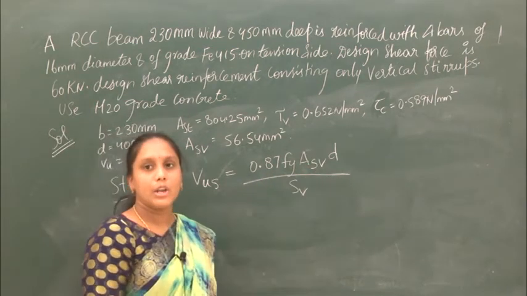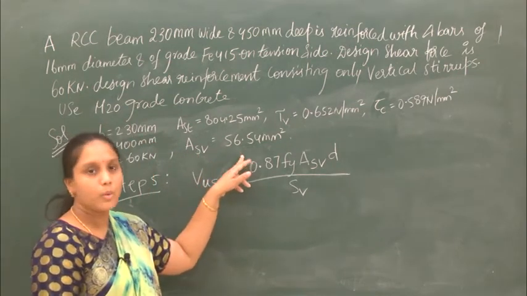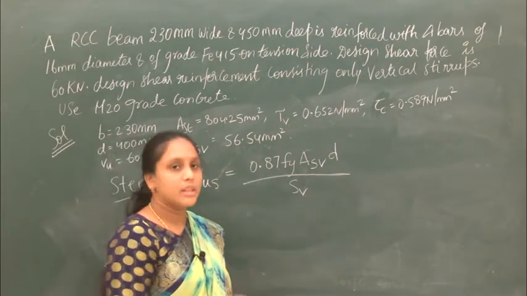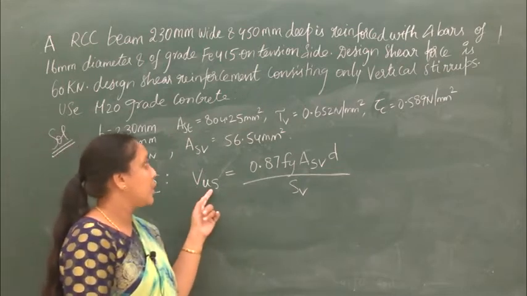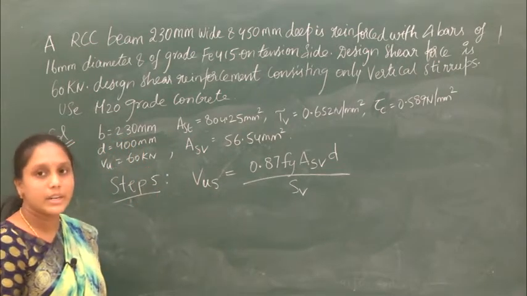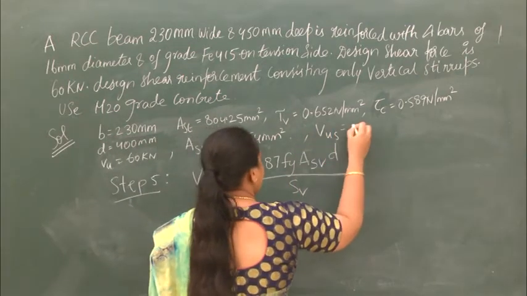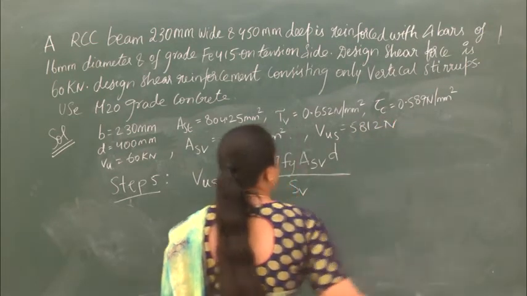ASV is 56.54 mm square, D is the effective depth, 400 mm, and VUS is 5812 newtons.